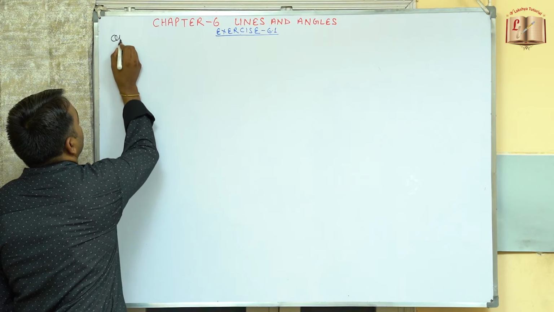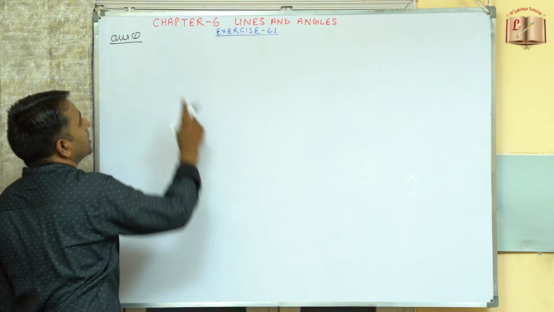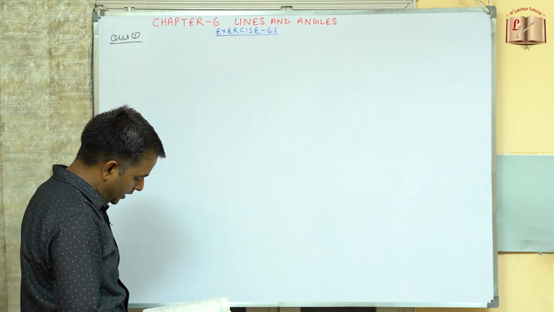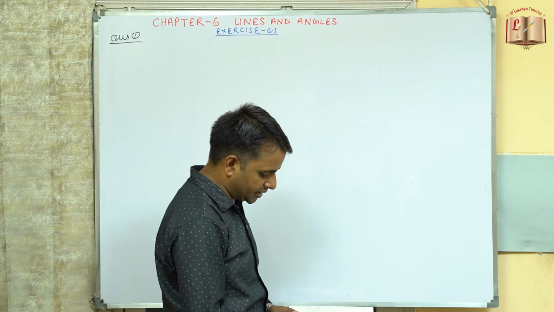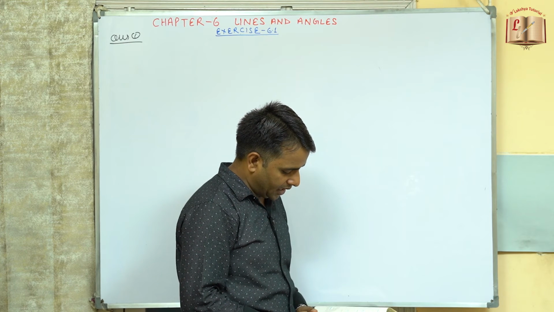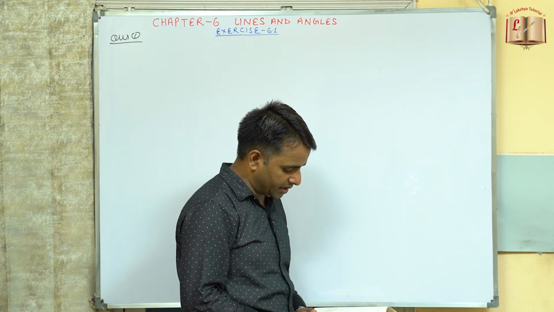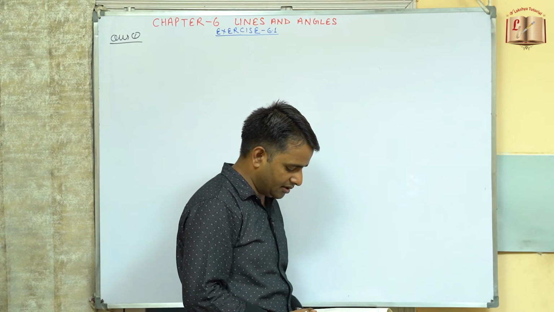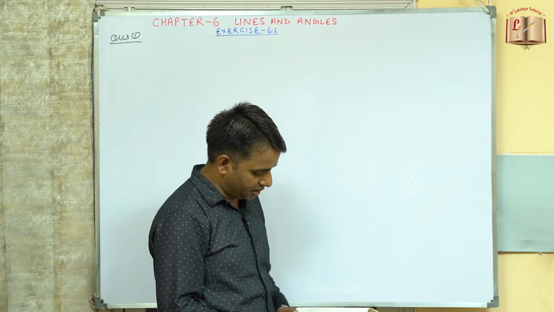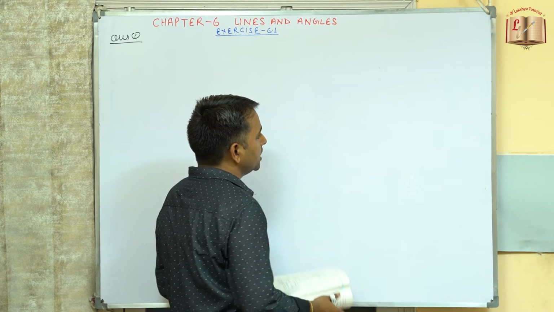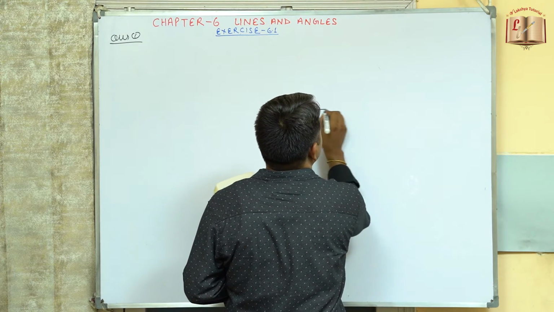Now coming to question number 1 of exercise 6.1. In figure 6.13, lines AB and CD intersect at O, and if angle AOC plus angle BOE is 70 degrees and BOD is equal to 40 degrees, find angle BOE and reflex COE. So first of all we will make this figure.